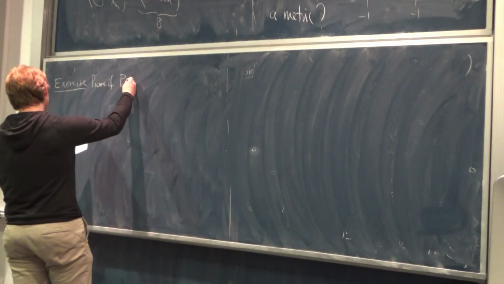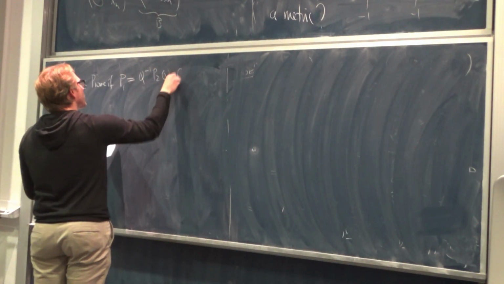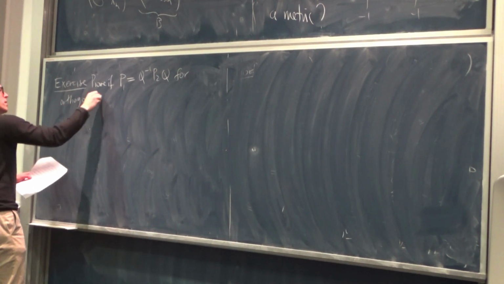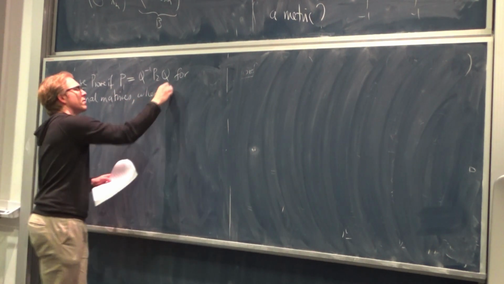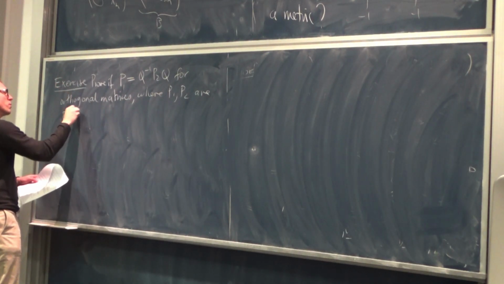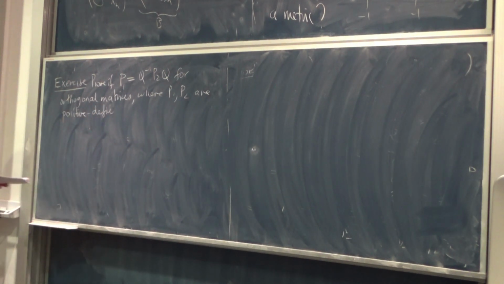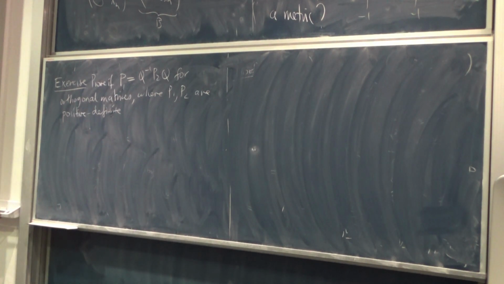So let's prove that. Take two positive definite matrices P1 and P2. The appropriate notion from linear algebra of when two positive definite matrices count as the same is if they are related by a change of basis.